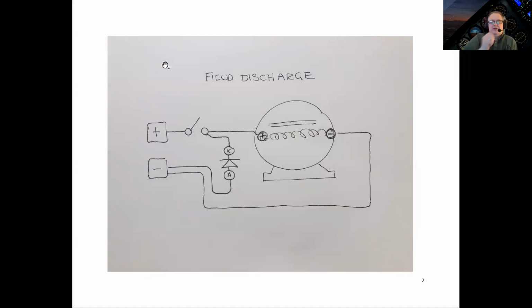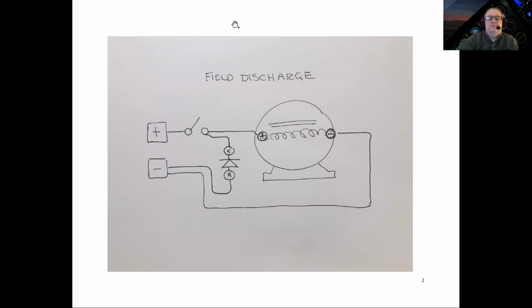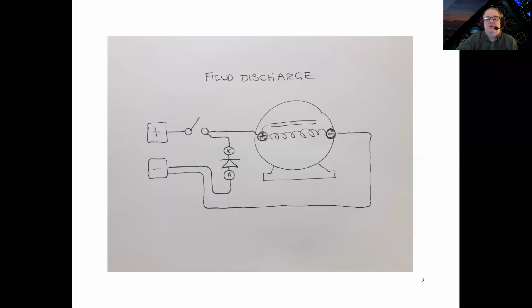Now this one is a little bit of a review. Some of you are going to remember when we talked about, probably in second year, inductors. We know that inductors that have DC current flowing through them will tend to develop a large field around the inductor.